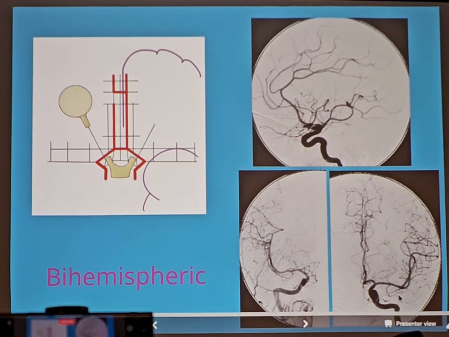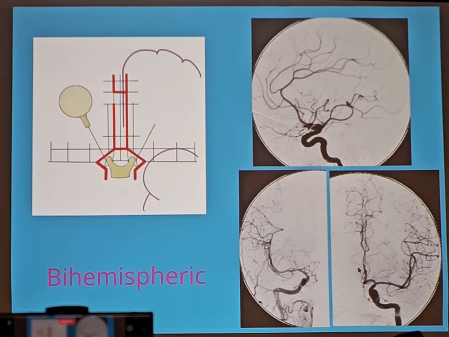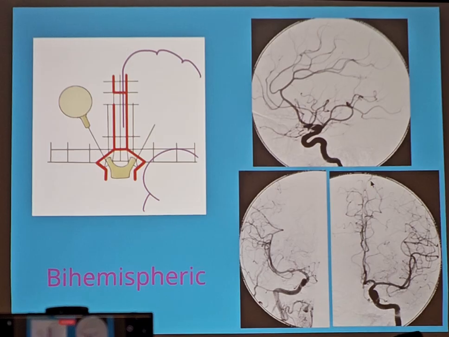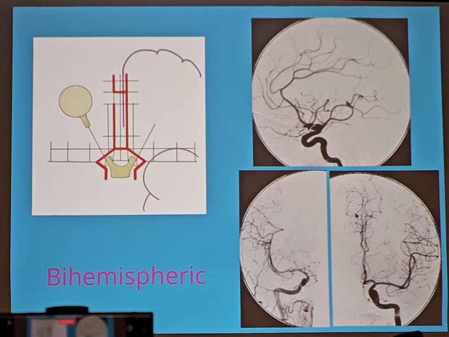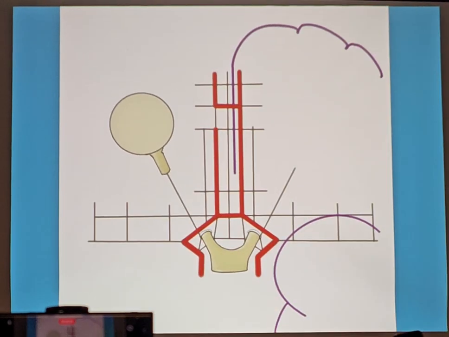You do a left-sided injection, and there's this bihemispheric supply, with supply to both hemispheres. Often the A1 size will reflect that, so on the side of the smaller cortical supply there will be a much smaller A1. So we have an unbalanced A1 supply to the anterior cerebral arteries.